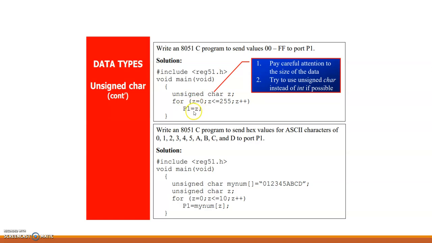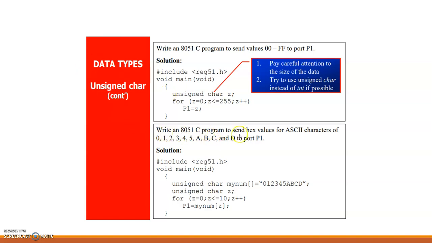P1 is port 1, so we are sending the value of z to port 1. The first value sent is 0, the second value 1, and the loop continues until the value of z is 255. So this sends the value of z continuously to port 1, and we can display the values 00 to FF on port 1.